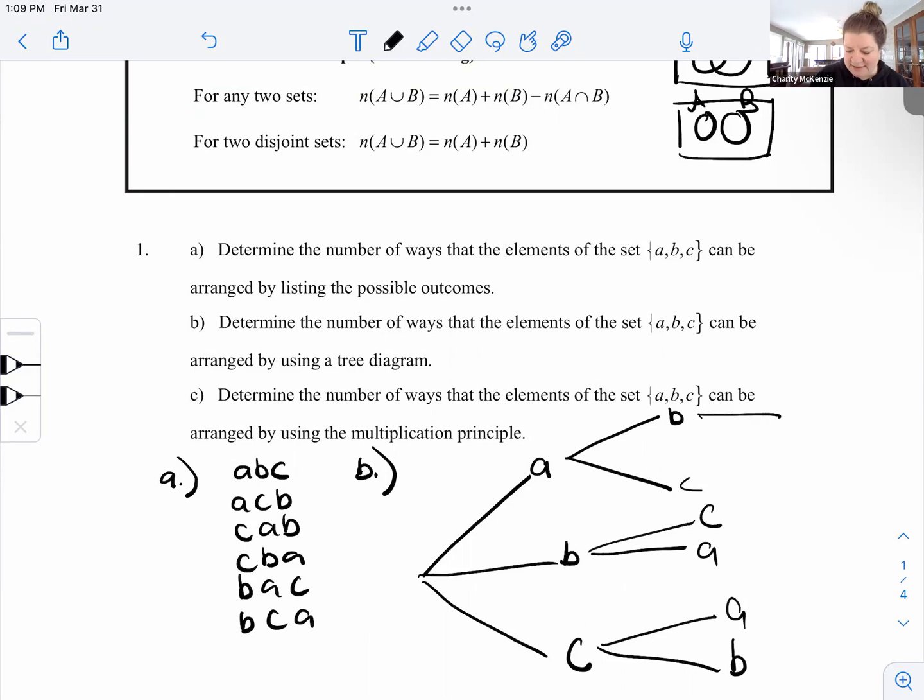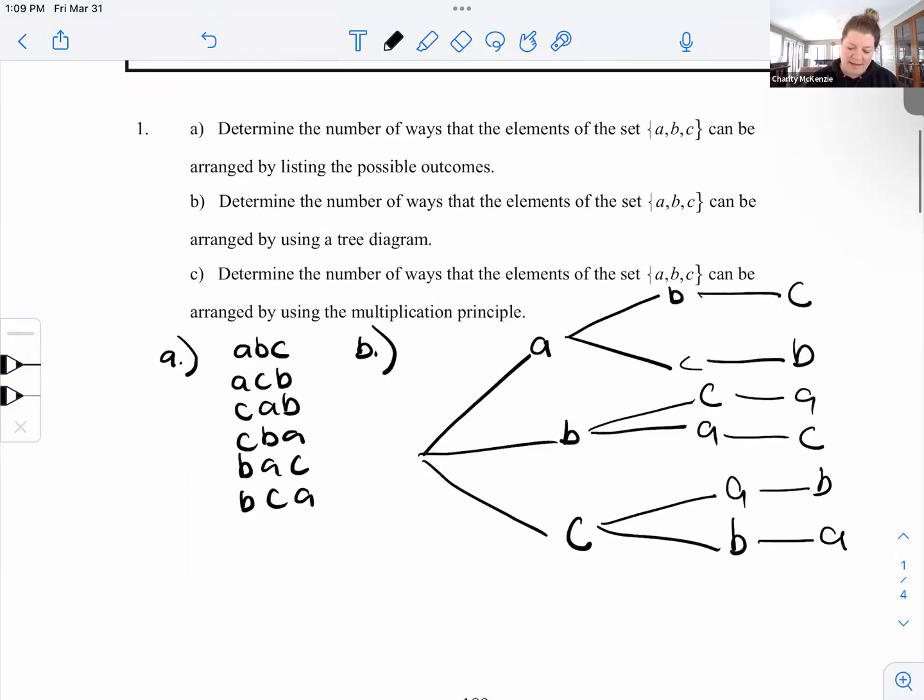Following the branches, I get ABC, ACB, BAC, BCA, CAB, CBA. I get 1, 2, 3, 4, 5, 6 ways still that way. The tree diagram I like better in a different situation, but there we go.